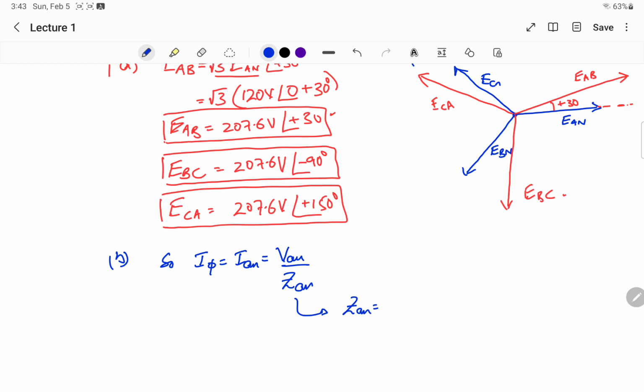It is actually 3 plus J4, or you can perform the conversion, and the value of this will be 5 ohms and the angle will be 53.13. So this is what I have calculated.